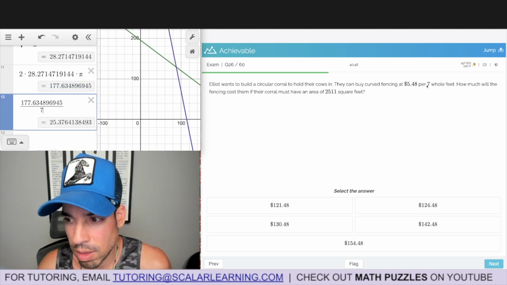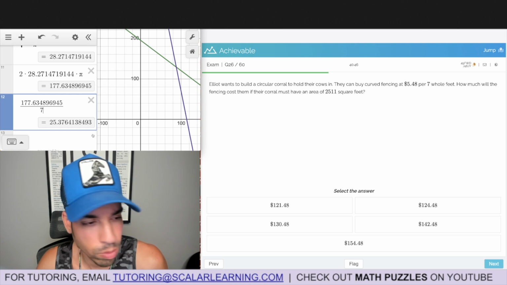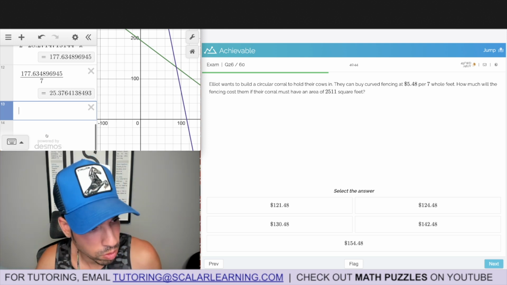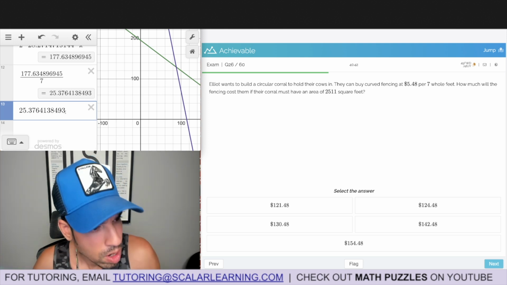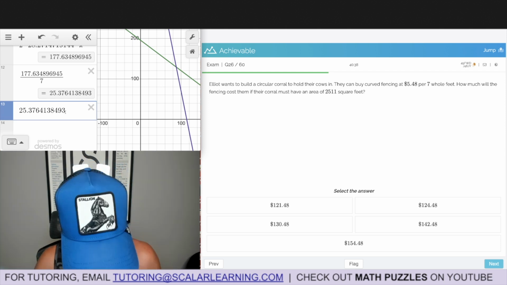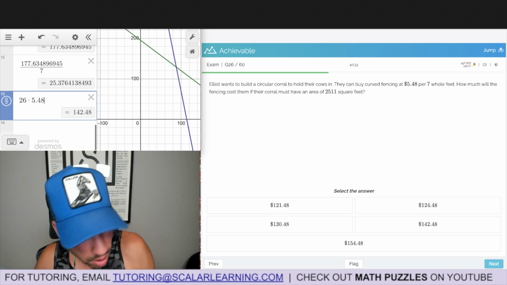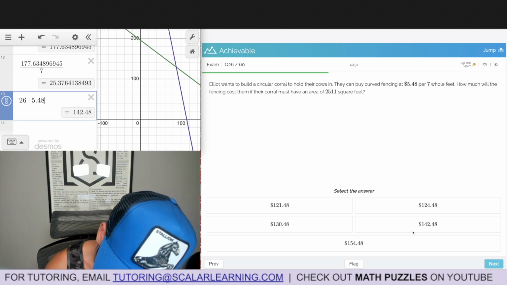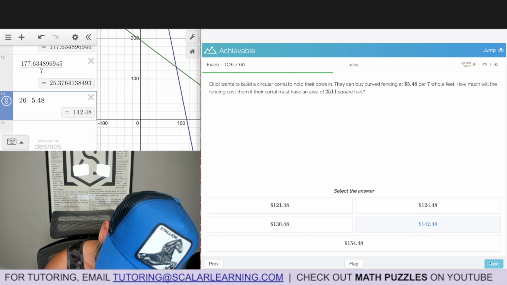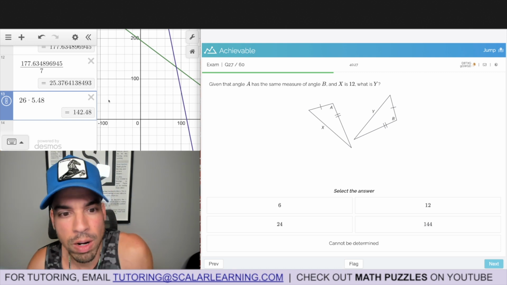That's the amount of whole chunks that we have to buy, and then we have to multiply it by 5.48. We should say 26, really. Round up to 26 because it says whole feet. So 26 times 5.48, and we should get 142.48. Woo! There we go. A lot of calculations.